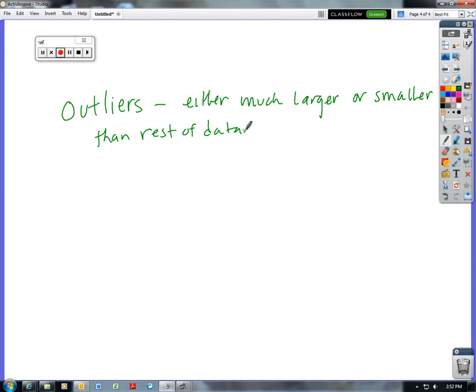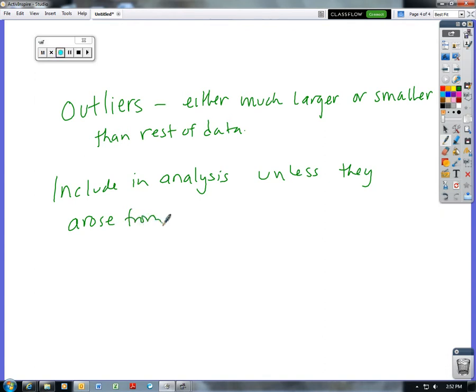And you should include them in your analysis, unless you know for sure that they arose from an error in the data collection.